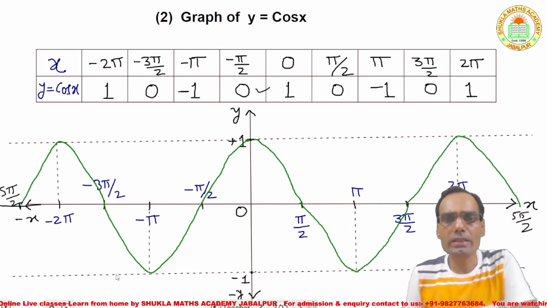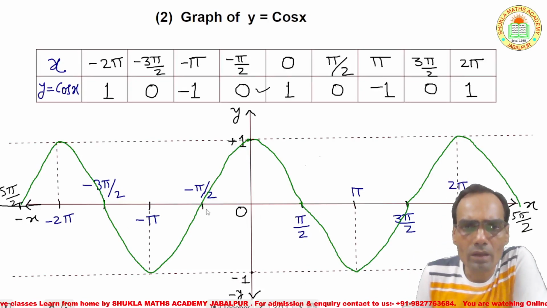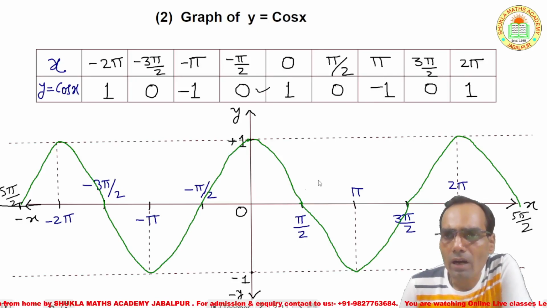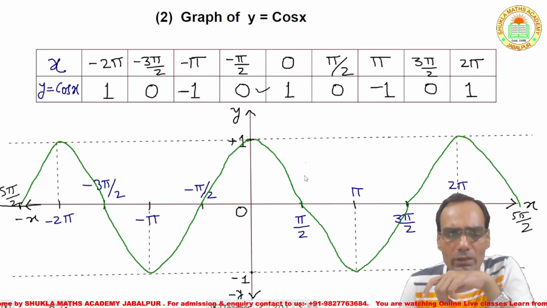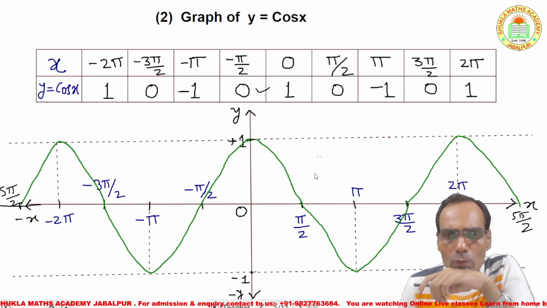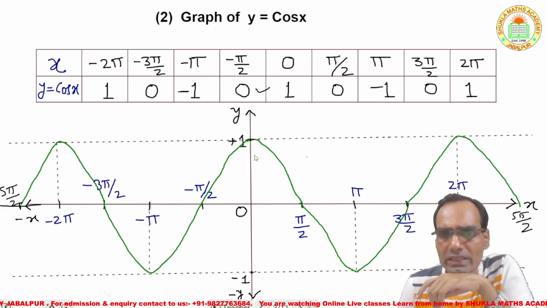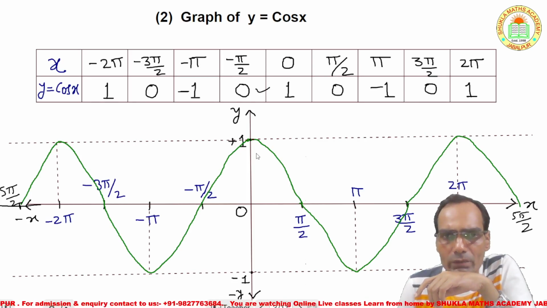Now see that here the values of cos are repeating after the 2 pi interval, meaning -2 pi and +2 pi, right? So here one formula is coming. You can see that one cycle is completed in the 2 pi interval, right?